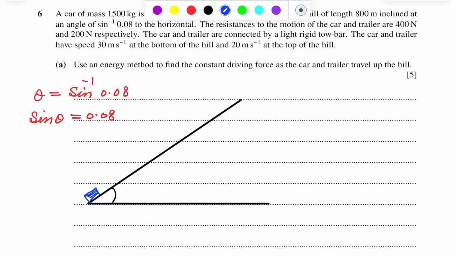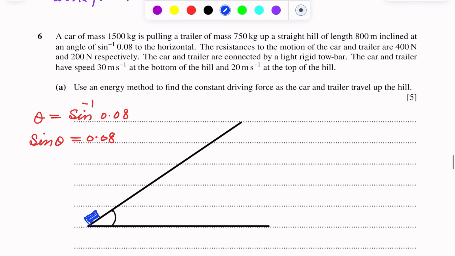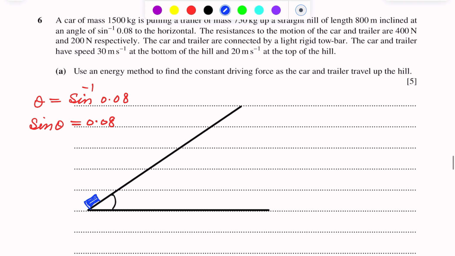This is the trailer of mass 750 kg. This is a rigid tow bar. This is a car of mass 1500 kg.